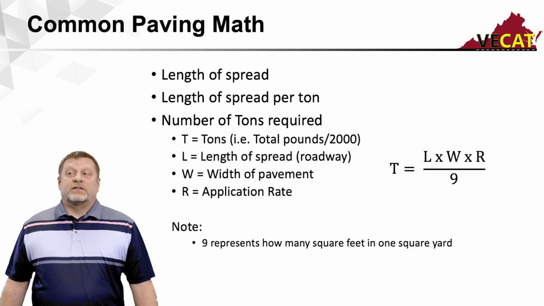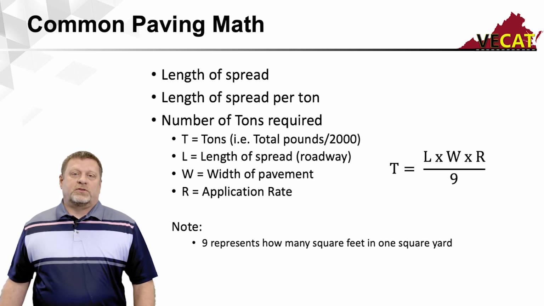When it comes to length of spread, the spread may be the total roadway. It could be 2 miles, 6 miles, whatever roadway, or it could just be a day's production. It all depends on what you're trying to accomplish with your mathematical function. Again, the width of the spread stays the same, and of course application rate would pretty much depend on how thick you're laying your mat.